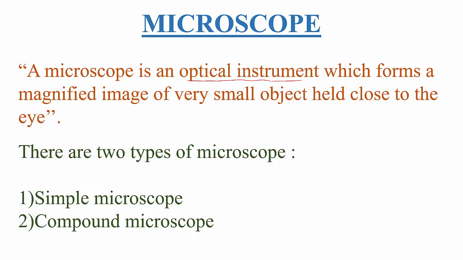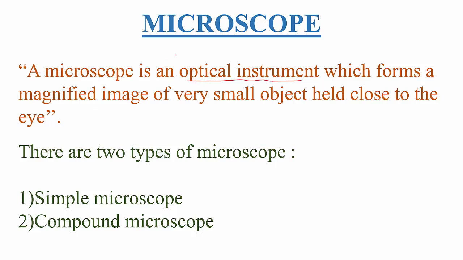We use a microscope to observe tiny particles or small objects, to enlarge the small object. A microscope is an optical instrument which forms a magnified image of a very small object held close to the eye.